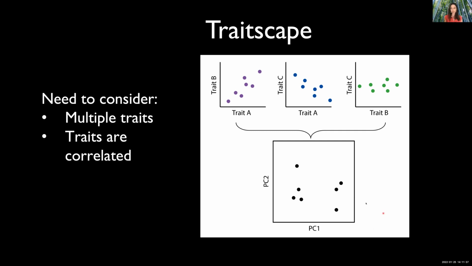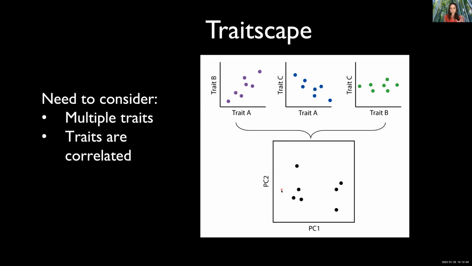So the idea here is that for a population, you'll have a bunch of trait measurements, A, B, C, et cetera, and there are correlations or relationships between those traits. And we can synthesize this information efficiently into principal component space. So you can create this PC space where each of these points is associated with a set of trait values that we've measured.